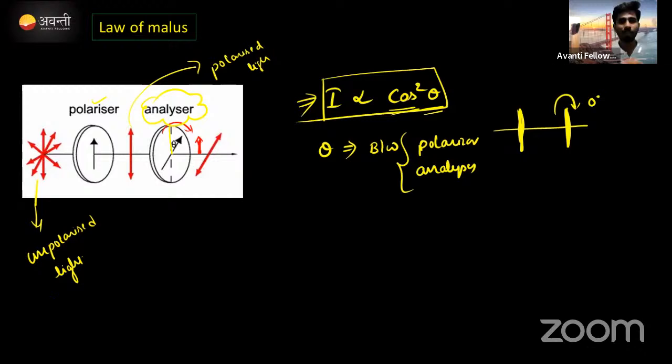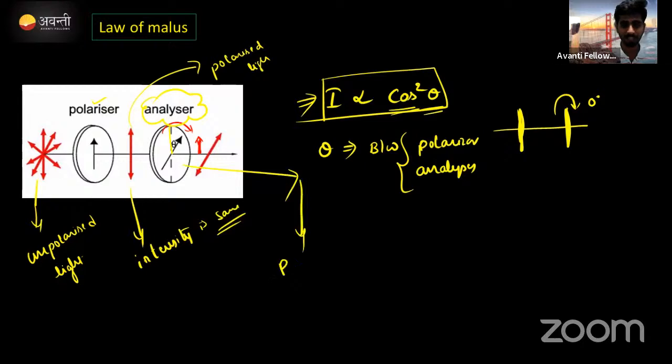After polarization, the intensity will not change, it will be the same. There is no change in intensity, but due to the rotation of the analyzer, the intensity changes, right?